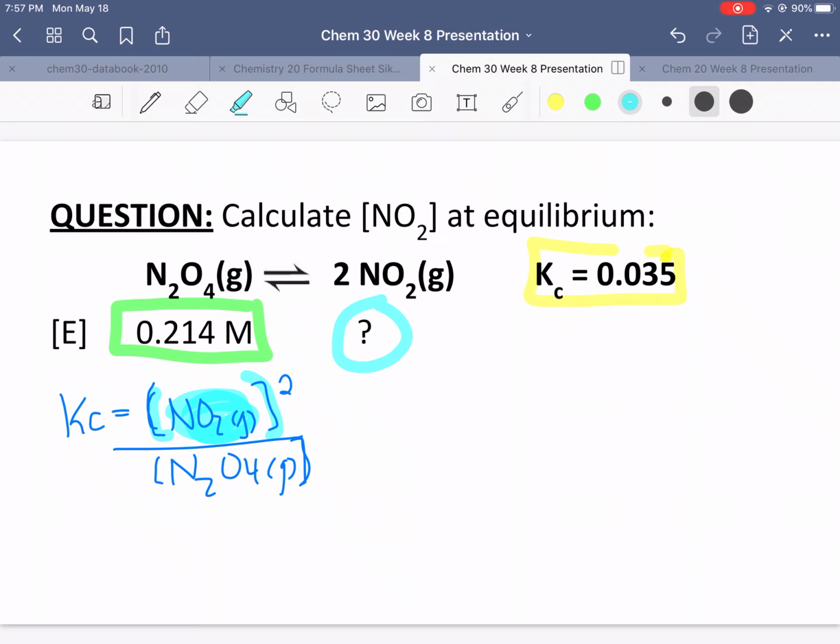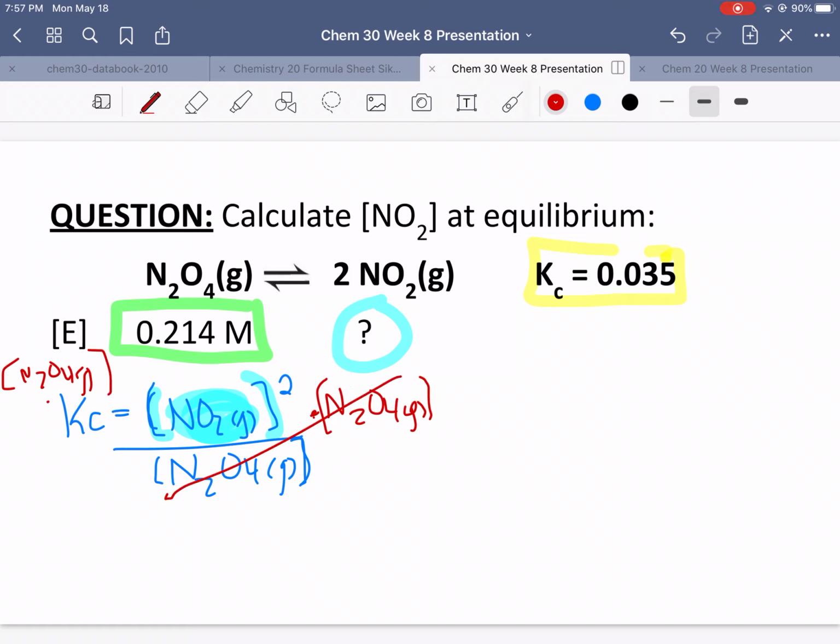Now in this case though, we are trying to get the NO2 gas concentration by itself, not squared, right? We need to get rid of that. How are we going to do that? Just again, simple algebra, right guys? So we're going to multiply by the N2O4 gas concentration on both sides. And now once we've multiplied by that, how do you get rid of a squaring? Well, by taking the square root. That's what's going to cancel it out, right?